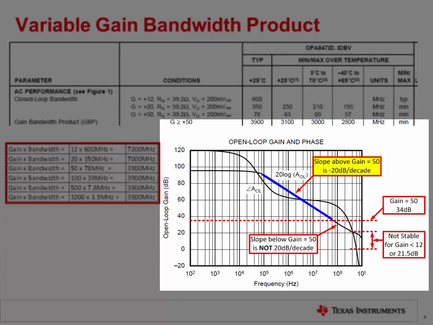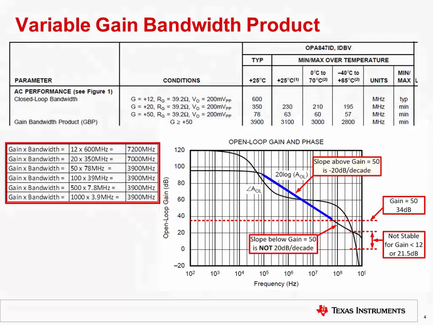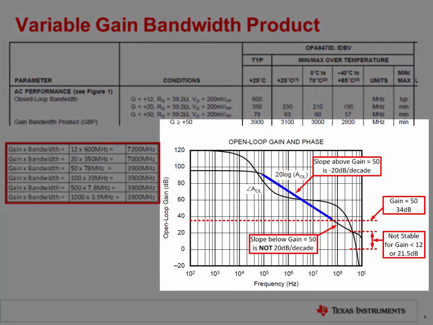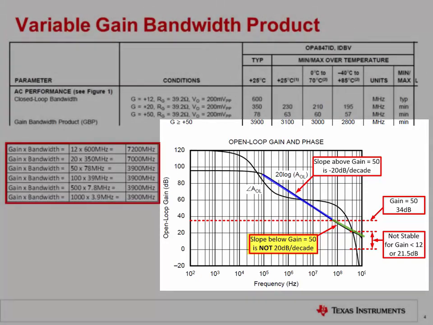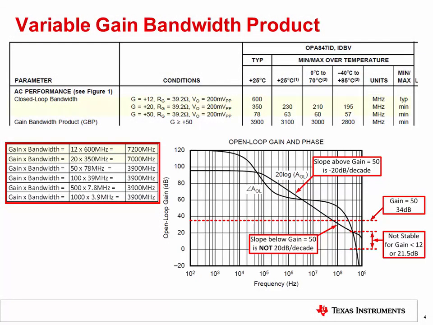Therefore, the gain bandwidth product is equal to 3,900 MHz for all closed loop gains greater than 50 volts per volt. However, as the gain decreases below 50 volts per volt, the slope of AOL changes. Therefore, there is no gain bandwidth product specified.